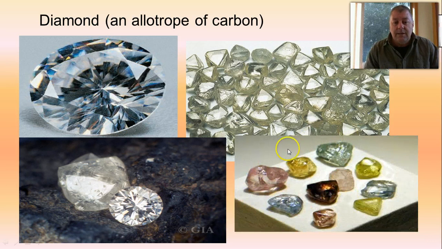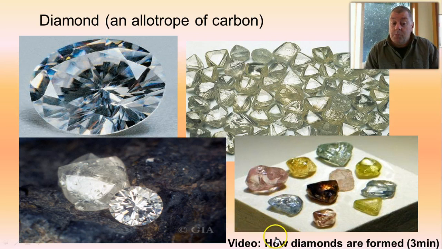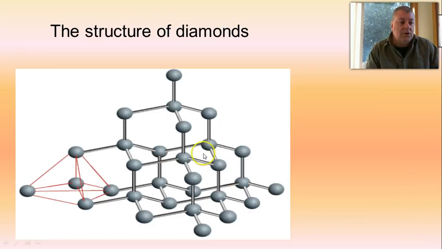And some people don't realize that diamonds can come in a variety of colors as well, and that some of the colored diamonds are just as expensive or more expensive than the clear ones. Now on our OneNote there'll be a video on how diamonds are formed, which you can watch just to make sure that you know.